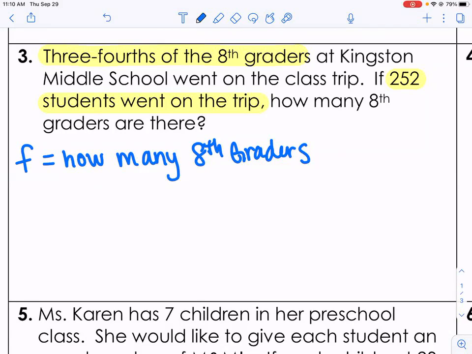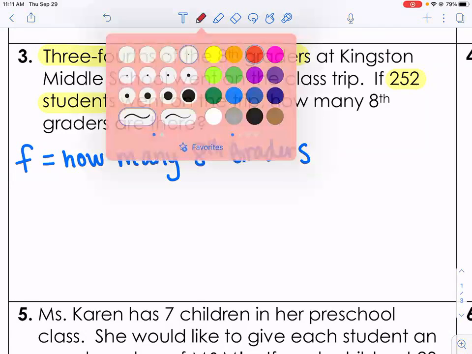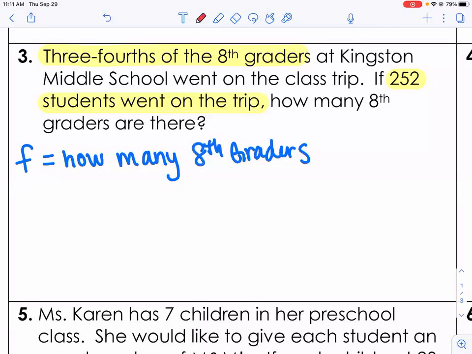Okay, so let's talk about that 3/4. Trent, what do you think we should do with that 3/4 of the 8th graders? What operation does of imply?